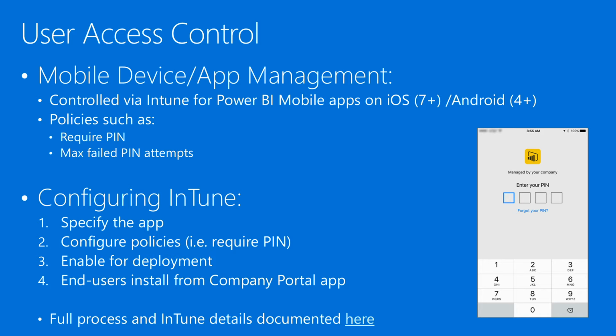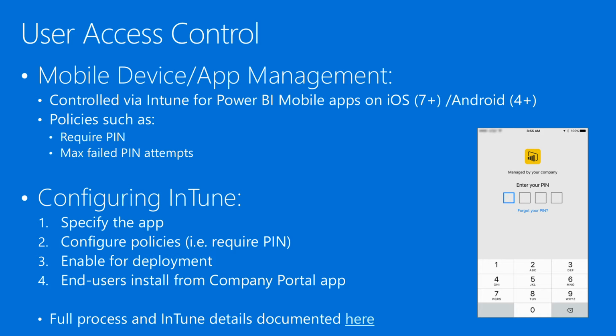And so we support mobile device and mobile application management with Intune. Some of the things that you can do: require a PIN, right? So it doesn't matter what the device is. Every time I launch that particular application, I have to enter my PIN. So if it's a shared iPad, I can't get to my corporate data on that application until I get into the app, and that's what's gated by the PIN. So it gives you more security. This person was who they said they were, and I can get into the application.